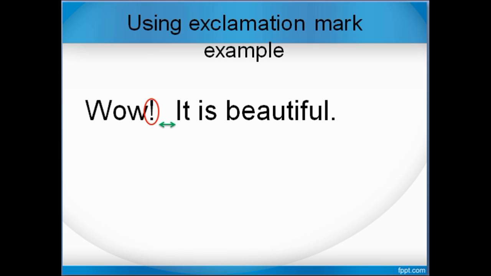I have noticed that there are two spaces between the exclamation mark and the new sentence, it is beautiful. So we need to remember the exclamation mark is used to express strong emotions, and before typing a new sentence after we have typed the exclamation mark, we need to leave two spaces.